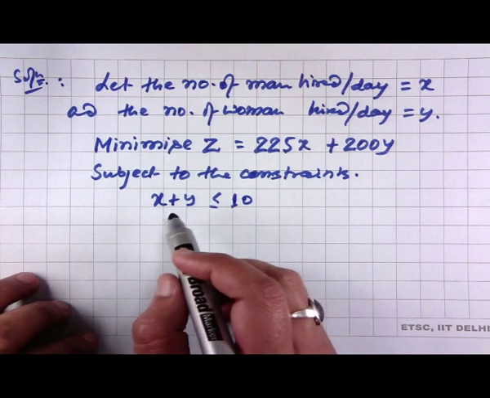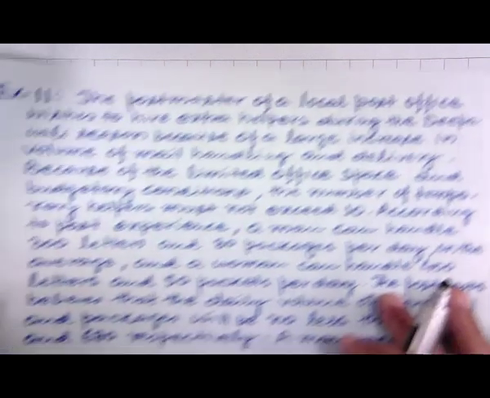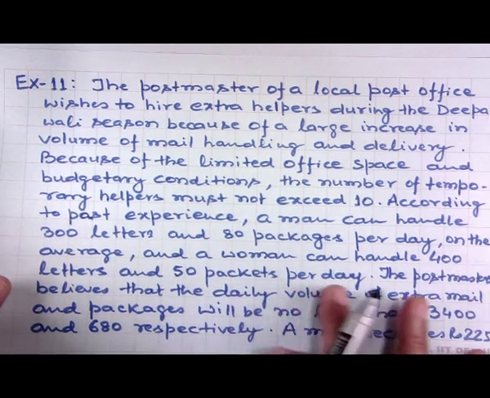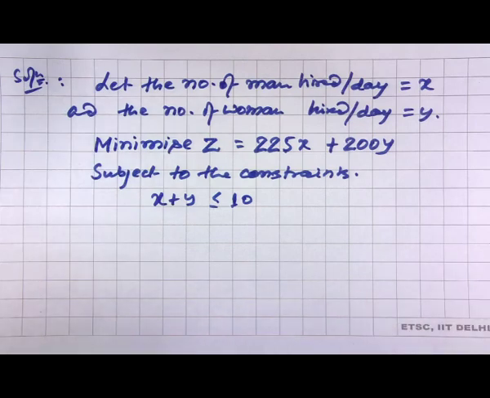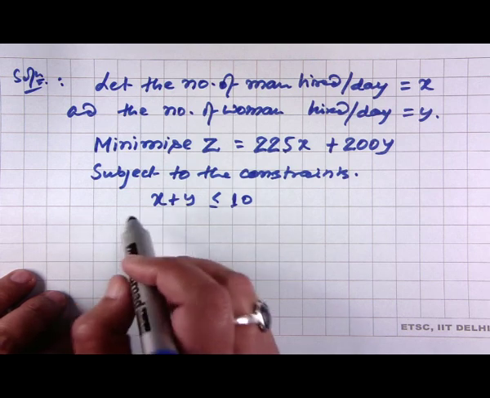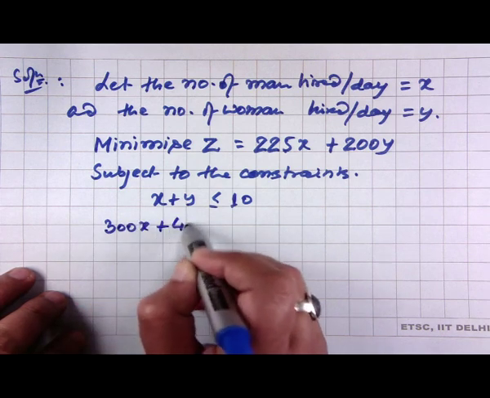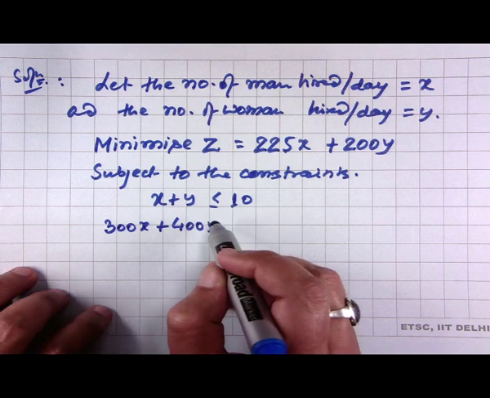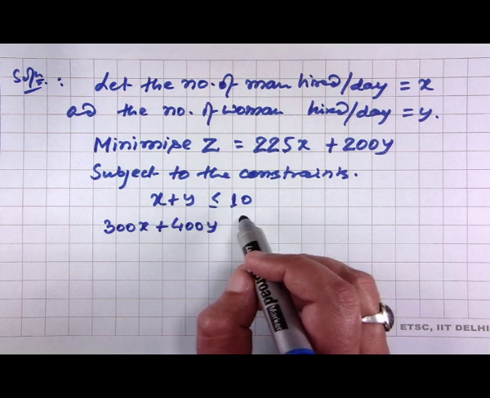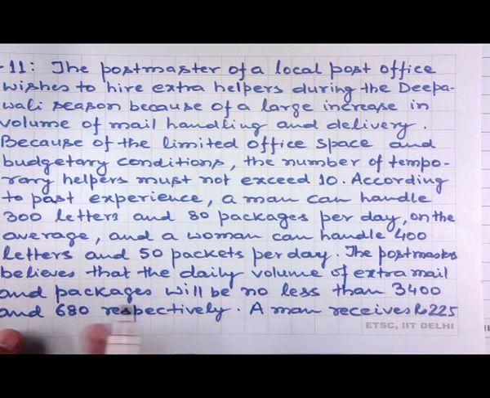Now, a man can handle 300 letters and 80 packages per day, and a woman can handle 400 letters and 50 packets per day. So 300X plus 400Y, and the daily volume of extra mail and packages will be no less than 3,400 and 680.